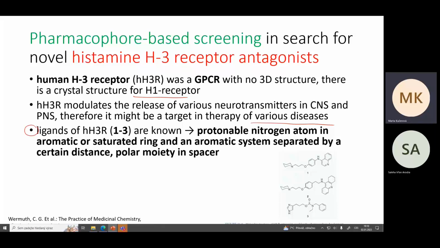that antagonize the H3 receptors. On the right side, you can see the structures. Generally, there was a protonable nitrogen atom, either in a saturated ring or in an aromatic ring, and at a specific distance, an aromatic moiety, and a linker with some hydrophilic functional groups.